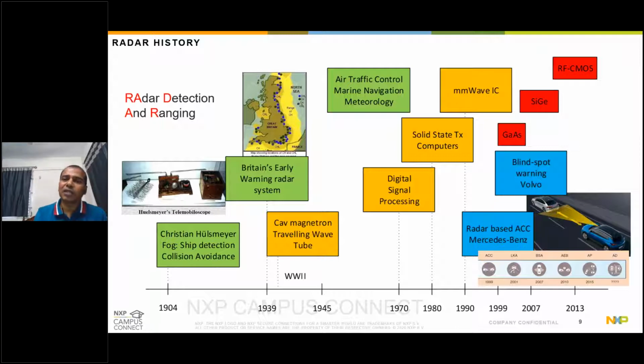So RF CMOS enables us to integrate each and every technology I have spoken about into tiny devices so that we can install them in cars. This not only reduces the power consumption of the chip, but also gives tiny devices. You can integrate the entire system into a single chip, almost the size of your thumb.